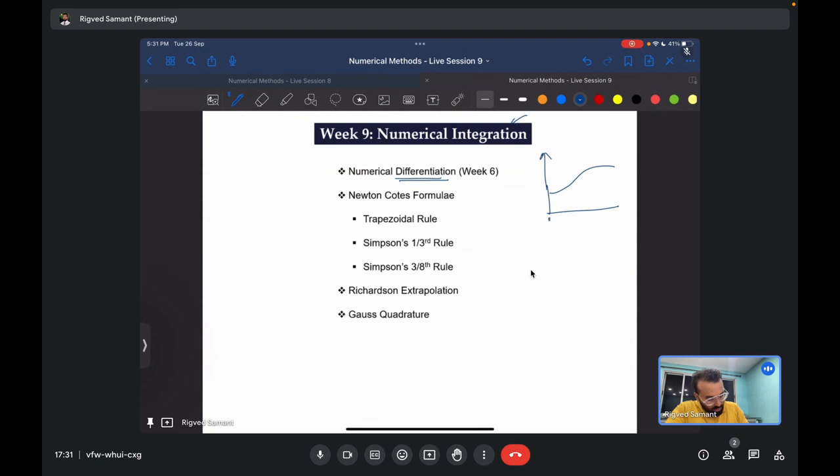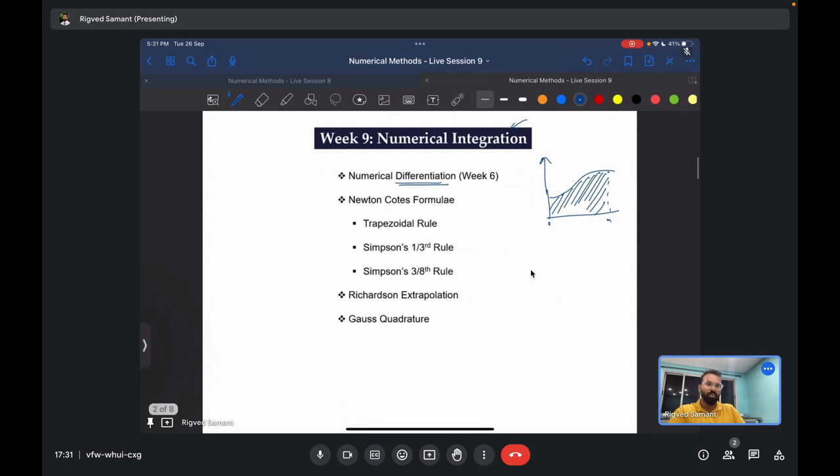From 0 to some value of x, if you want to find the integration, you just want to get the area under this curve. How to get the area under this curve is easy: the basic thing is you consider the area of this shape, find it out and get the value.